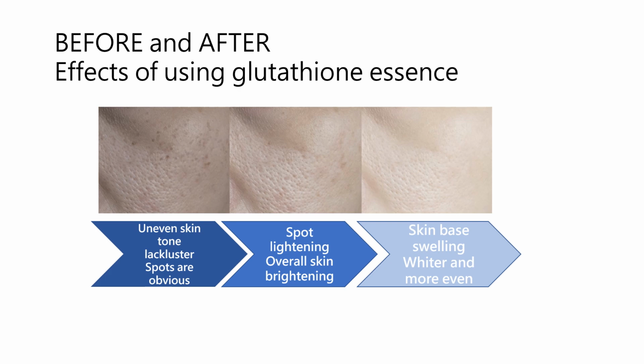The rightmost picture shows the overall effect of using the product, confirming its claims because the dark spots that you saw on the left are now not visible on the right. You can also see that the skin has become even whiter.